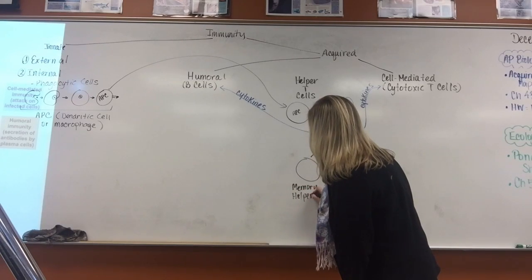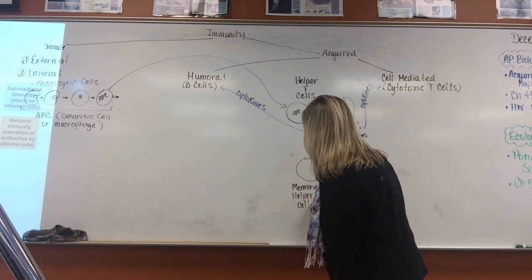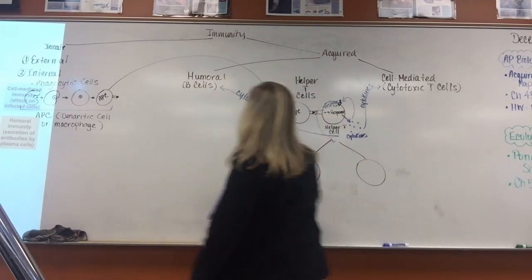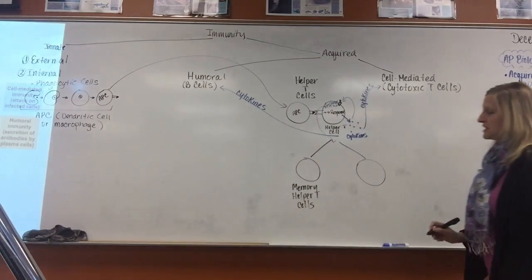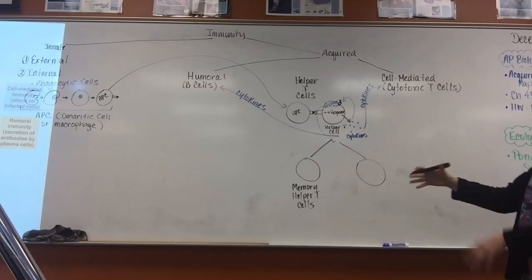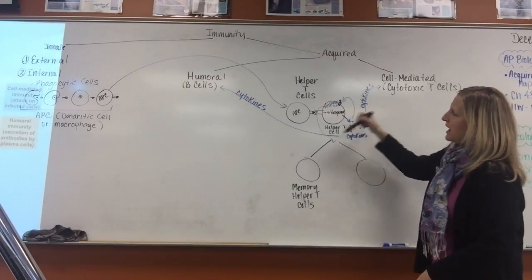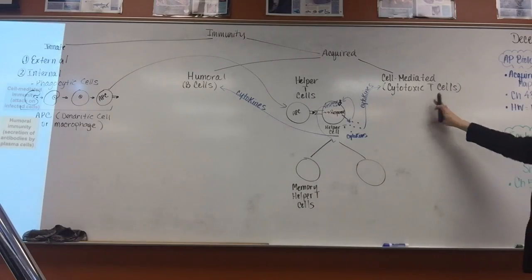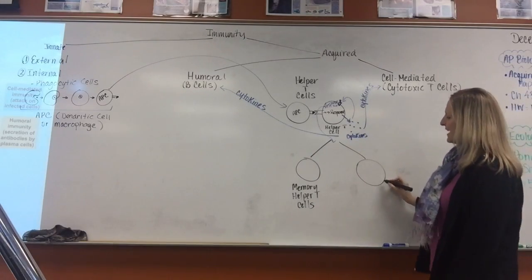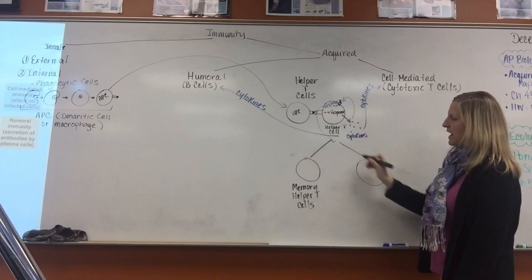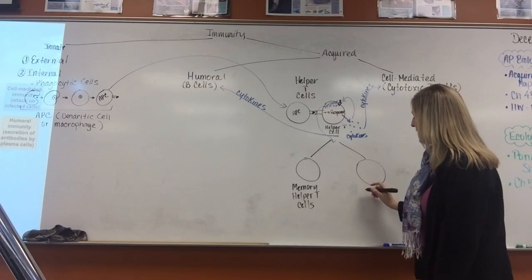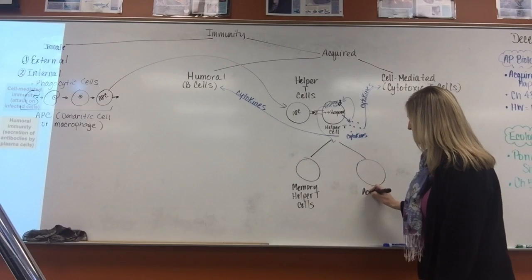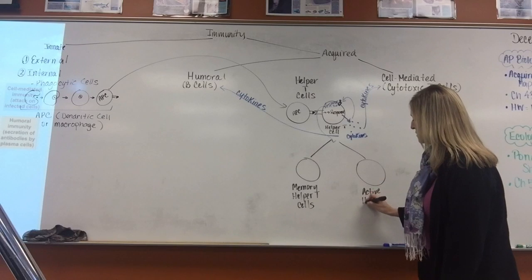That way, if we ever come into contact with that pathogen later, you have memory helper T cells that can immediately start secreting cytokines and stimulate the humoral and the cytotoxic T cells as well. The second type of cell is it divides and clones itself and makes a lot of what we call active helper T cells.